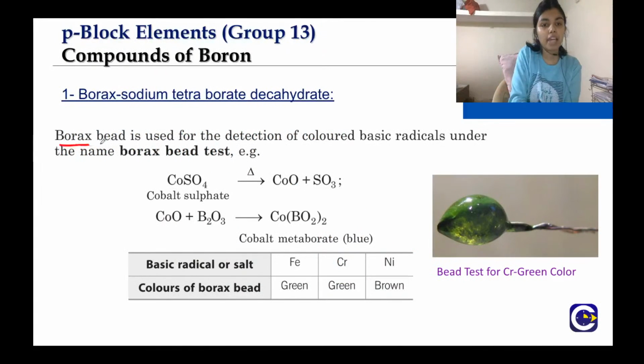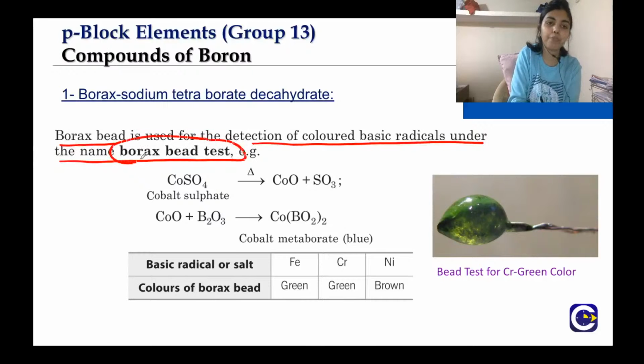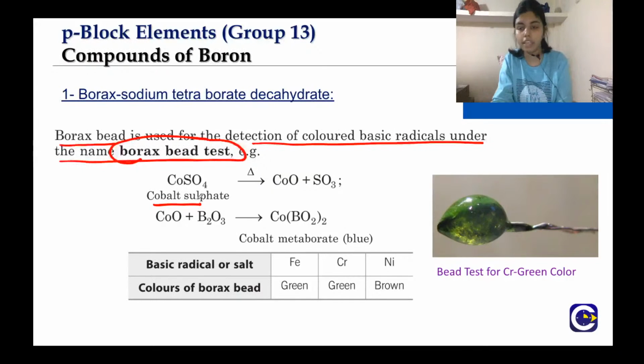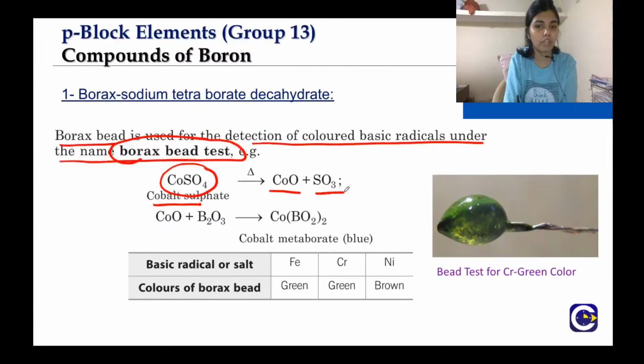Now this borax bead is used for detection of colored basic radicals under the name borax bead test, which is again very important from your examination point of view. For example, let us say we want to detect whether cobalt is present in your salt or compound. That we can detect from borax itself. How can we detect that? Let us say you have cobalt sulfate. You heat it, it will give you cobalt oxide plus SO3 gas. Now this cobalt oxide will react with B2O3.